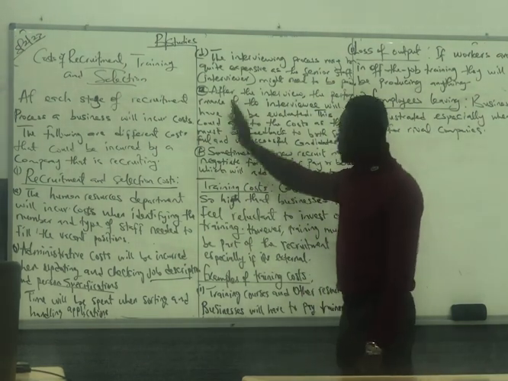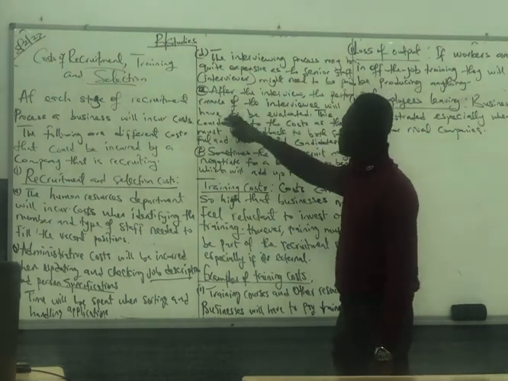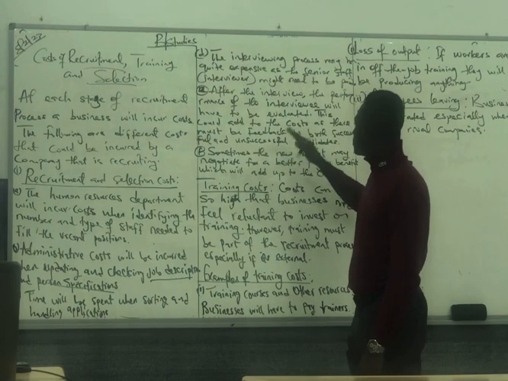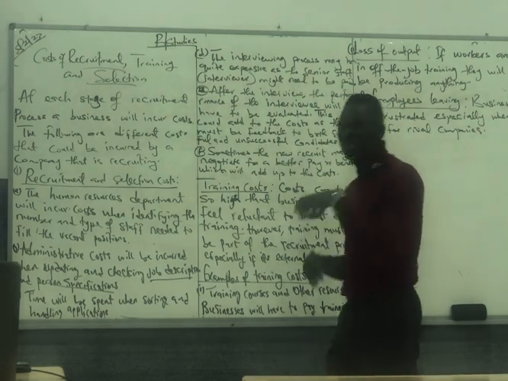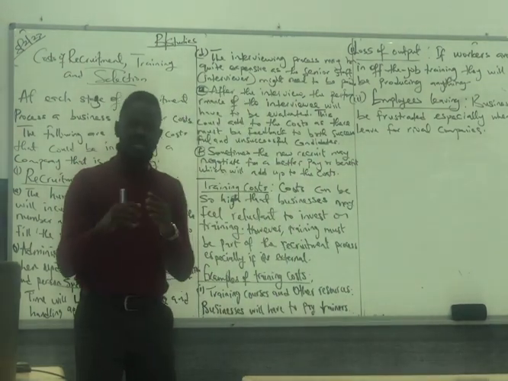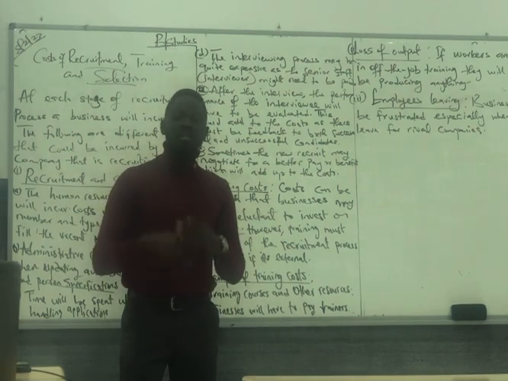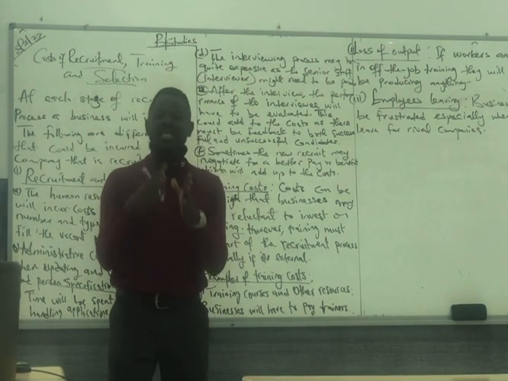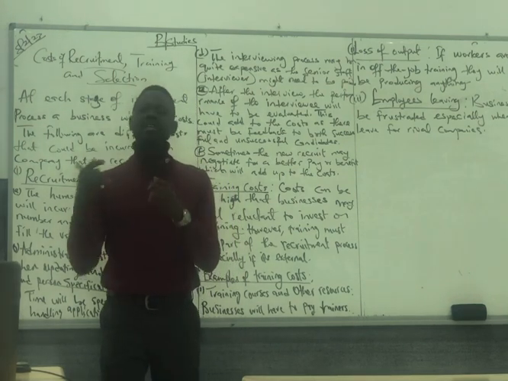The fifth one. After the interview, the performance of the interviewee will have to be evaluated. This could add to the cost, as there must be feedback to both successful and unsuccessful candidates. As soon as the interview is done, the interviewer would have to evaluate all the interviewees. In the course of evaluating the interviewees, cost will be incurred, which means additional cost to the business.